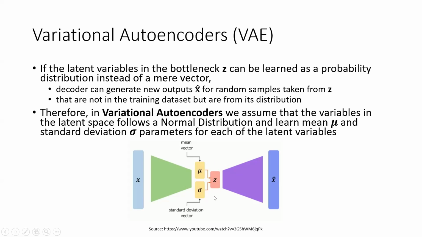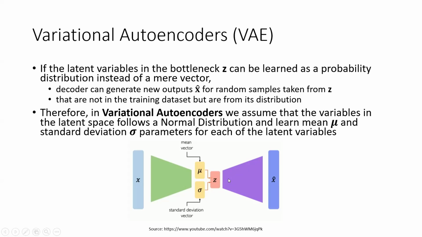That means when you ask for information from this layer, instead of calculating the values by multiplying with some weight matrices, we sample from the distribution which has a mean of mu and a standard deviation of sigma, and you get some arbitrary values as the Z vector.